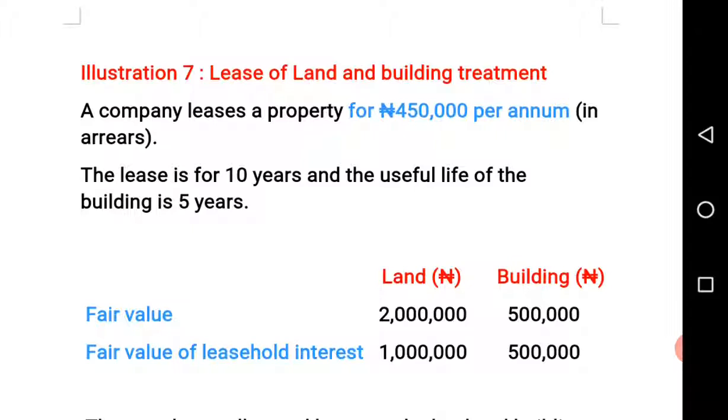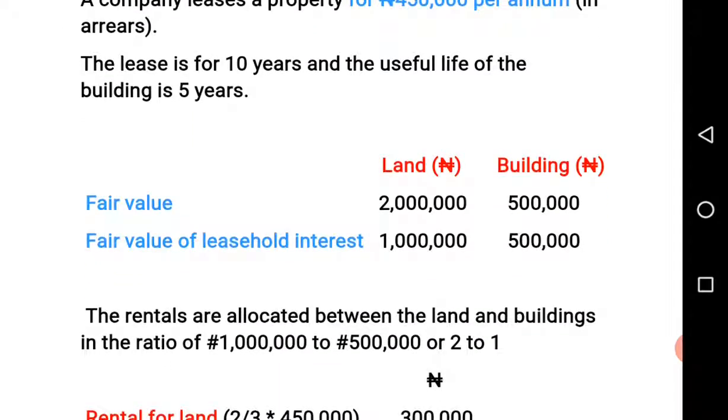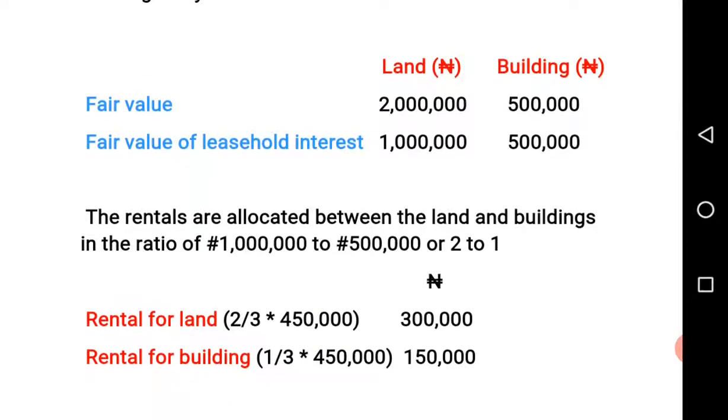Land is supposed to be separated from building, but when they are joined, you are supposed to separate them from each other. So the rentals are allocated between the land and building in the ratio of 1 million, which is the fair value of leasehold interest in land, to 500,000, which is the fair value of leasehold interest in building. That's 2:1. So the total is 3.